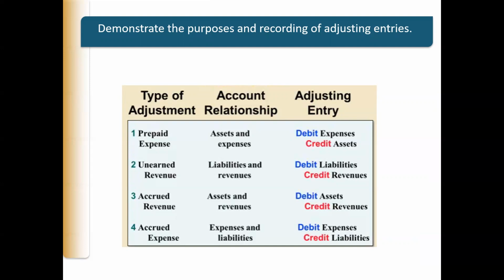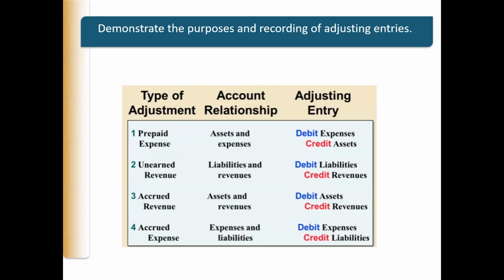When we have a prepaid expense, know this. When there's a prepaid expense, the adjusting entry will always be a debit to an expense and a credit to cash. What do I mean by this? Prepaid rent, prepaid insurance.